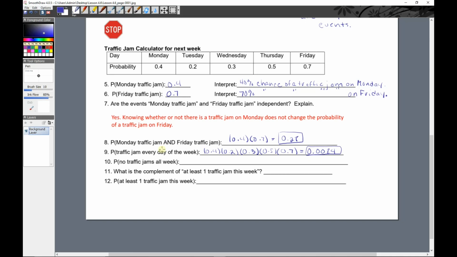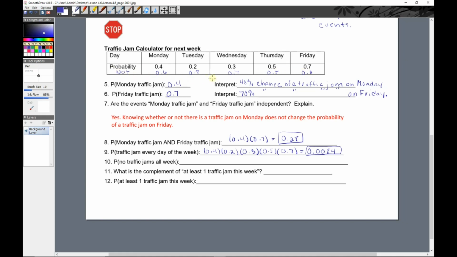All right, the probability of no traffic jams all week, well, just think about it. If the probability of a traffic jam on Monday is 0.4, then the probability that there isn't one is going to be 0.6. And it's just the complement. So the same for Tuesday, 1 minus 0.2 is 0.8, then 0.7, 0.5, 0.3.